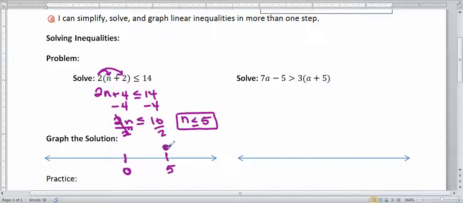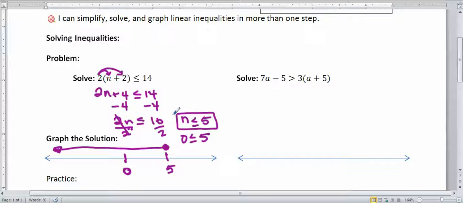It means that 5 is included in my solution. So 5. Now, test your 0. If I plug in 0, is 0 less than or equal to 5? Yes, so my arrow is going to be going toward the 0. So this is true, goes towards 0, means everything less than 5 is a solution.